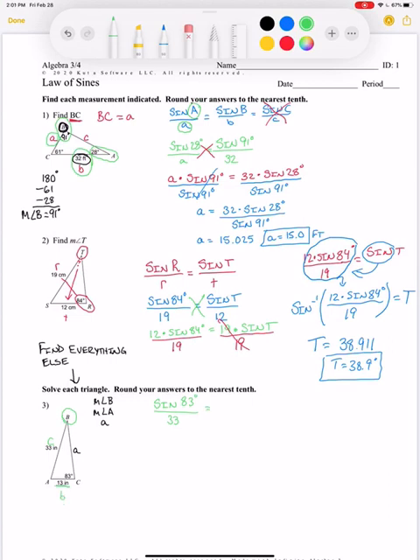So I can set that up: the sine of angle B over 13. And I can cross multiply and find B.